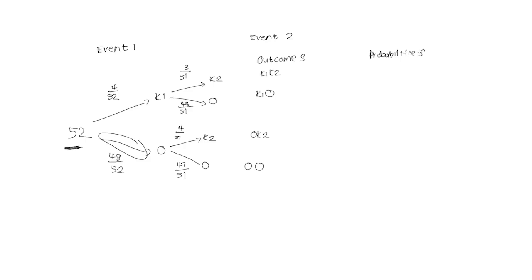The probability of obtaining a king in the first event and second event is equal to 4 over 52 multiplied by 3 over 51. And we are simply getting the values as mentioned from the branches.